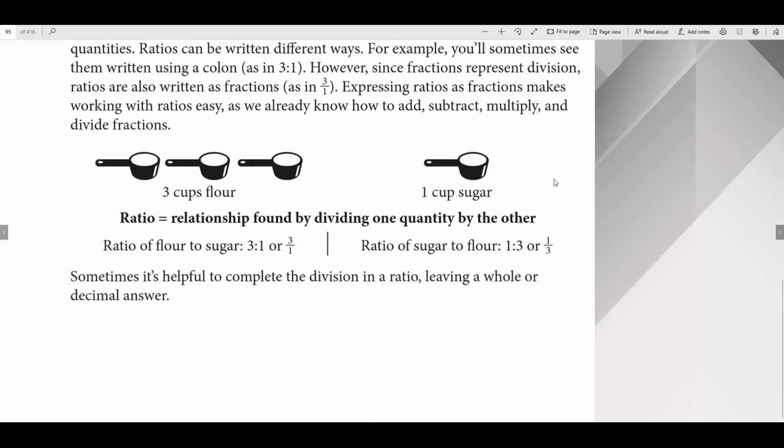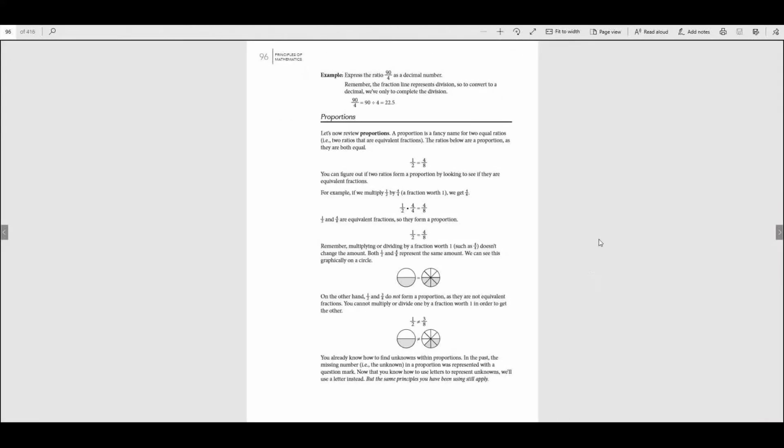Ratio is the relationship found by dividing one quantity by another. So the ratio of flour to sugar is 3 to 1. The ratio of sugar to flour is the other way, 1 to 3, either way. Sometimes it's helpful to complete the division in a ratio, leaving a whole or a decimal answer too, which we'll go over in just a second.